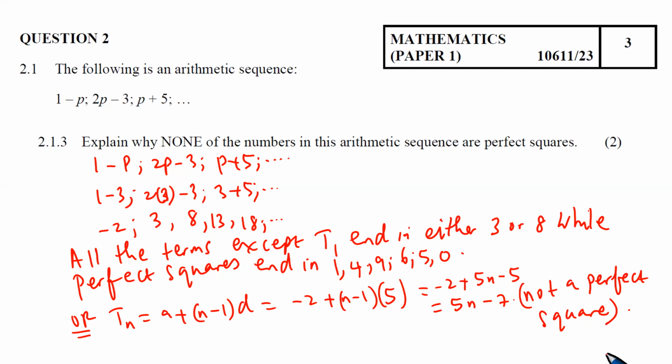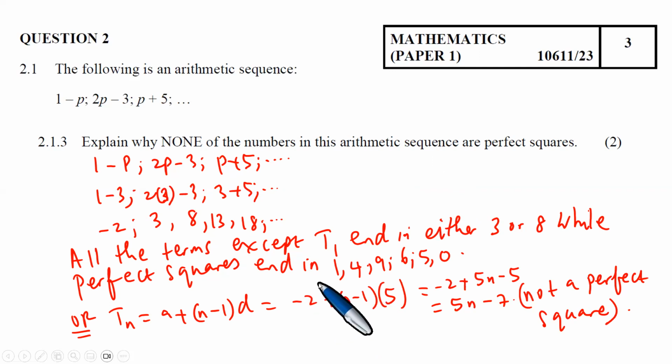Not a perfect square. So in the end, if this is not a perfect square, it explains why none of the numbers in this arithmetic sequence are perfect squares.